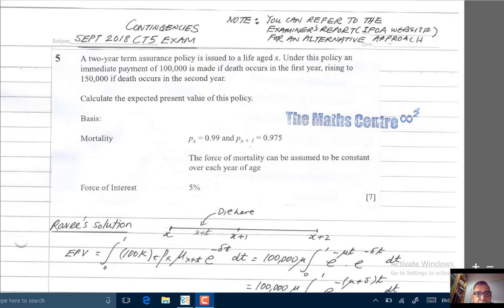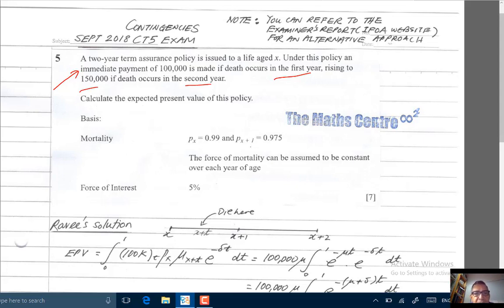A 2-year term assurance policy is issued to a life aged x. Under this policy, an immediate payment, that's important, an immediate payment of 100,000 is made if death occurs in the first year, rising to 150,000 if death occurs in the second year.